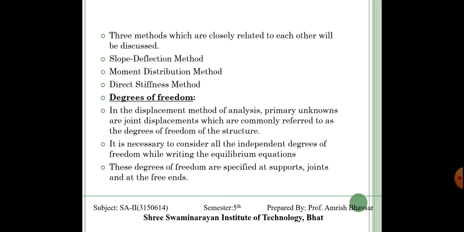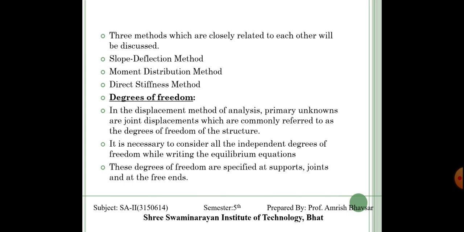Of these, the most popular methods are slope deflection, moment distribution, and matrix methods. This is the stiffness method. Now, to understand these methods, we must be aware of the degree of freedom, which we already studied in Structural Analysis 1 fundamentals.